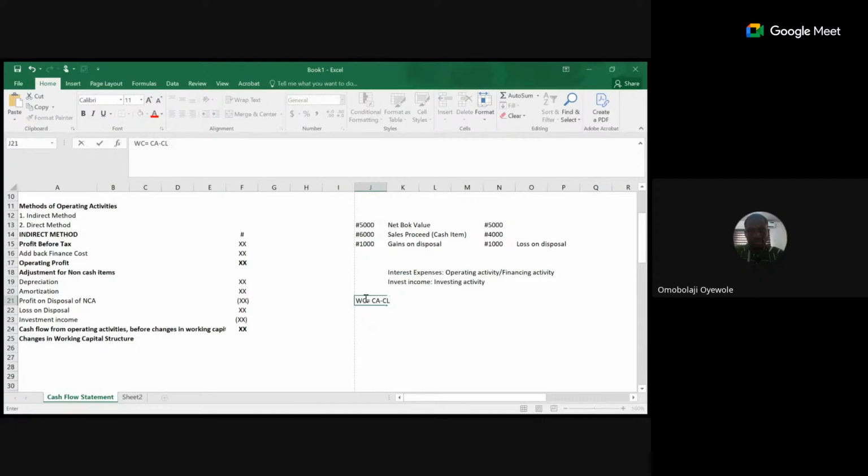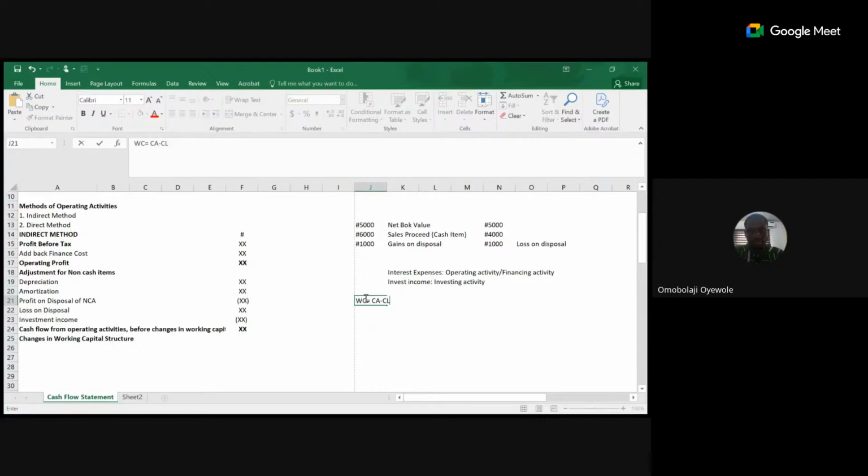We can't invest everything we have. So as we are sourcing finances to finance the business, we need to think about investment as well. If we invest in a long-term asset, what will be left to run the affairs of the business on a daily basis? So working capital simply means what we have that is used to run the business on a day-to-day basis.